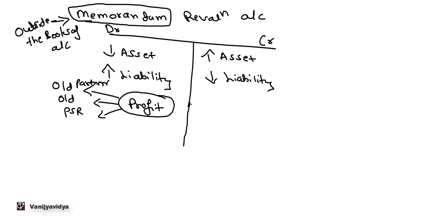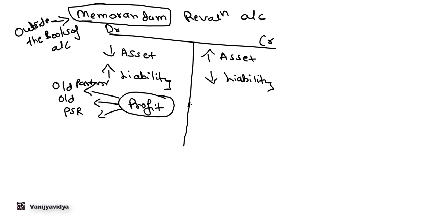Now see, this is a memorandum revaluation account. We have passed the entry only for the sharing of the profit from this memorandum revaluation account. This account is outside the books, and we have not passed any entry for revaluation of assets and liabilities in the books.